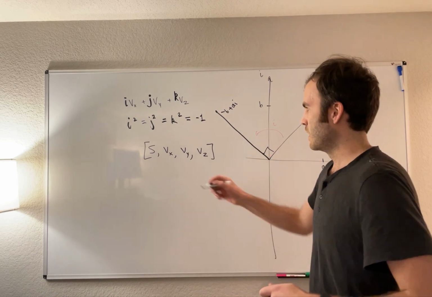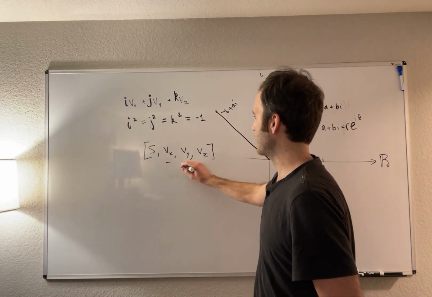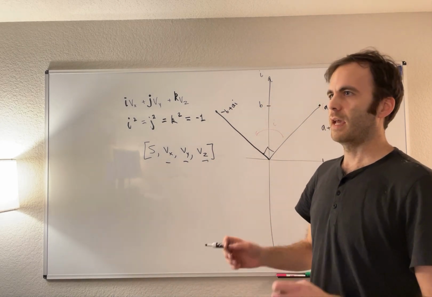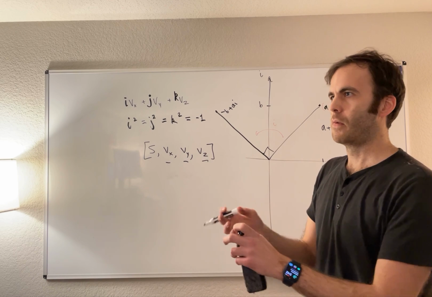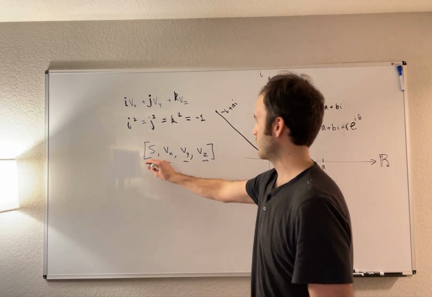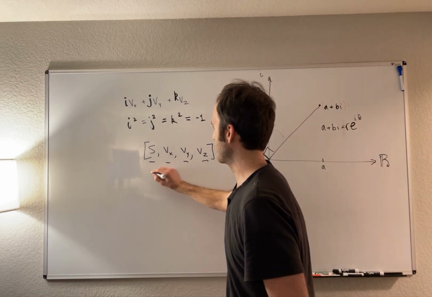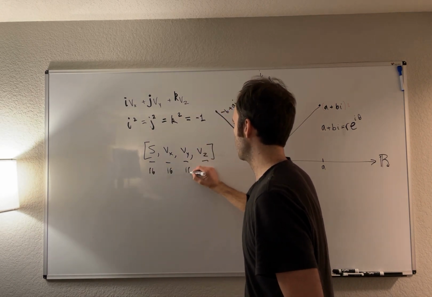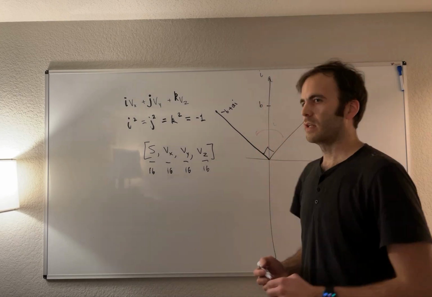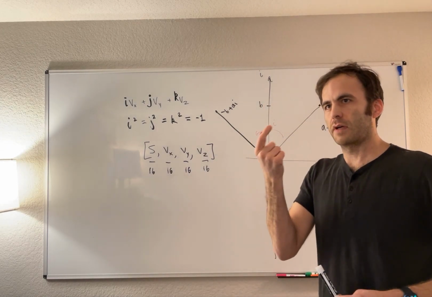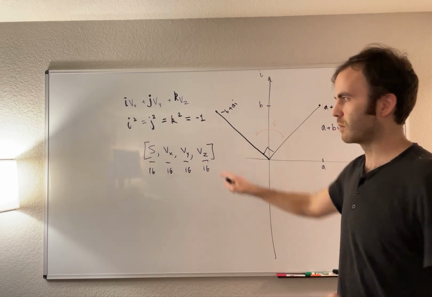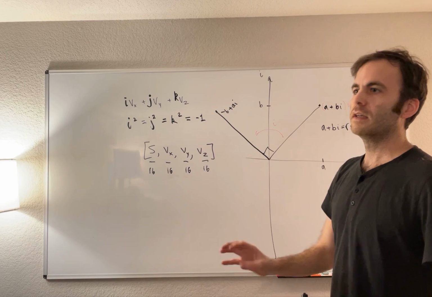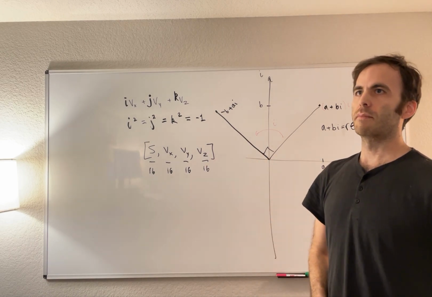And you can even take a single 64-bit number and pack 16 bits for each of these. So you could have 16 bits for your angle, 16 bits for each of these, and that means that you can actually get quaternions packed into an int. You just have to do some clever encoding. So that's kind of the big idea behind quaternions, and we're going to be using that for modeling rotations.